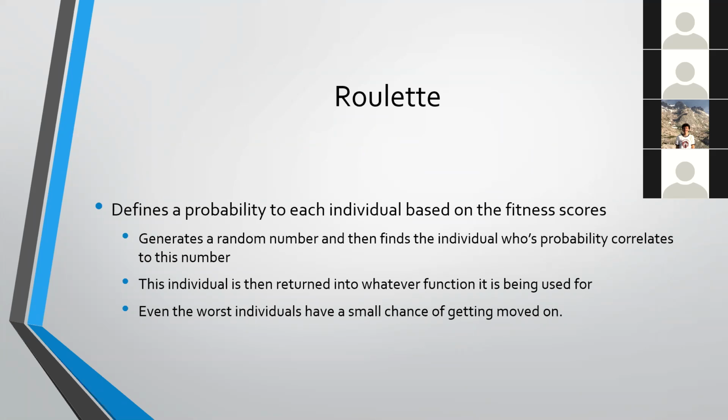Roulette has a lot of good aspects, because one of the best things about it is it doesn't really give anybody a guarantee to move on. In a lot of methods you will never have the worst individual move on, but in roulette, there is a very small chance that the worst individual can move on.